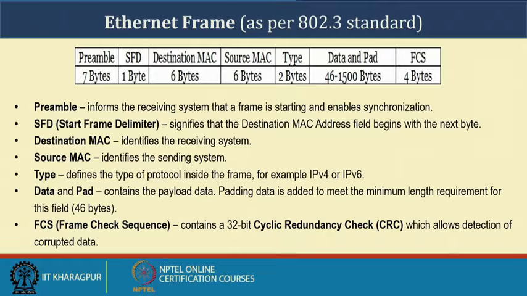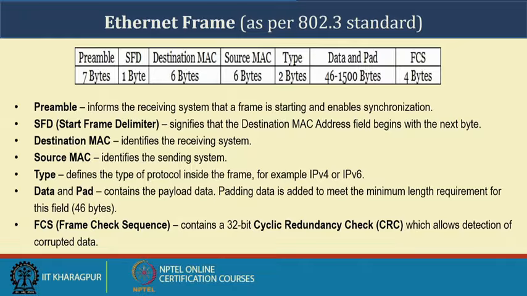So, from the next byte onwards the destination MAC address is there, or the hardware address, network address or LAN address, whatever we say. The destination MAC address identifies the receiving system, the source MAC address identifies the sending system, and the type identifies the protocol inside the frame, that means the next higher level protocol.